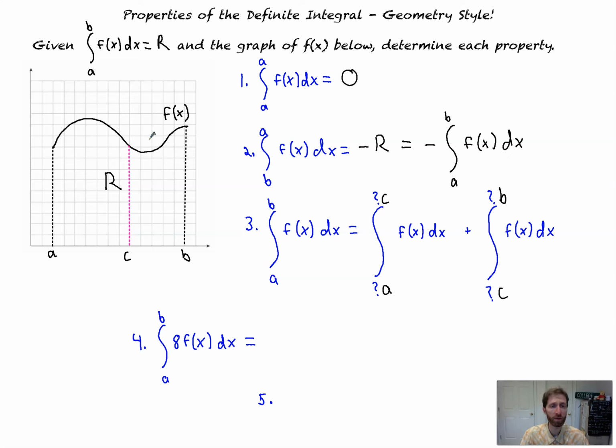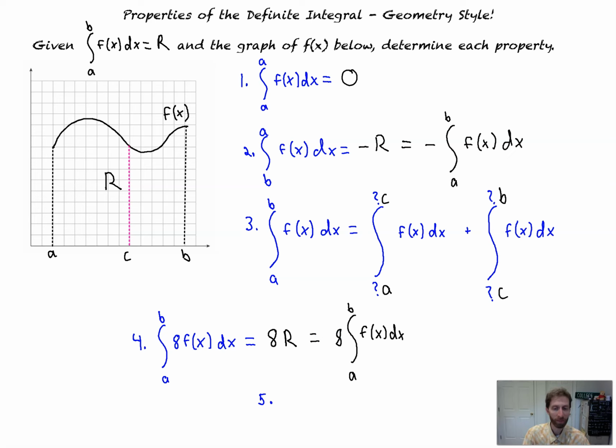You're taking this curve and making every point on it 8 times as high. So then the area is going to be 8 times as much, 8 times r. Now this also extends to mean that we could have factored the 8 out to start with, evaluated the definite integral, and then multiplied by 8. That's all that we've got right there. So it's not so bad at all.